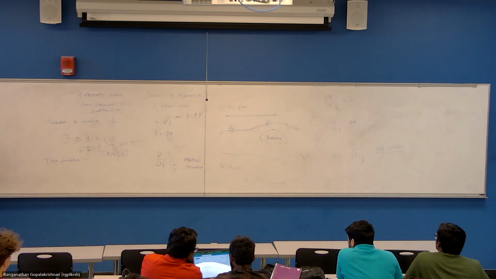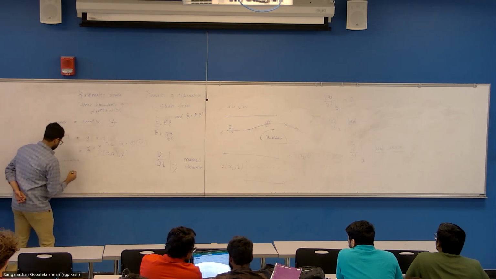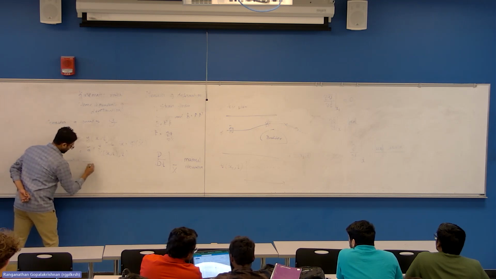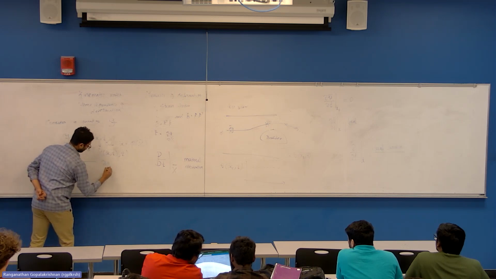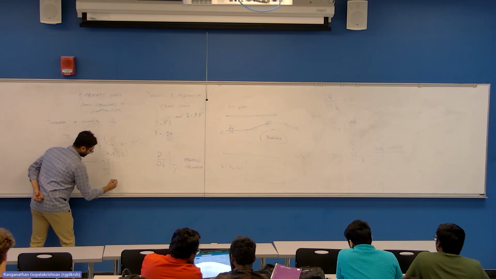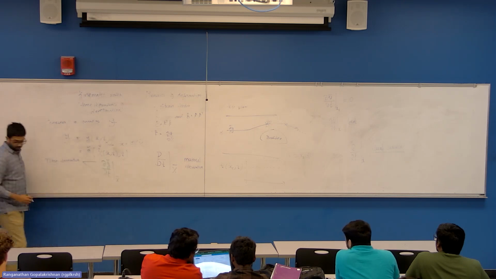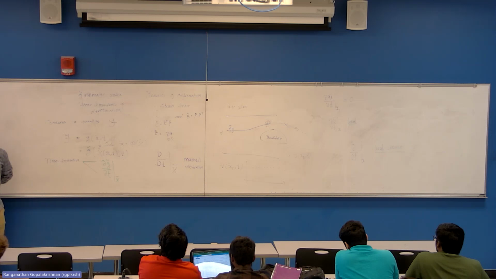So we want to write: the time derivative can be bifurcated into two types. The derivative of g tilde with respect to time for a given particle would be called the material derivative.